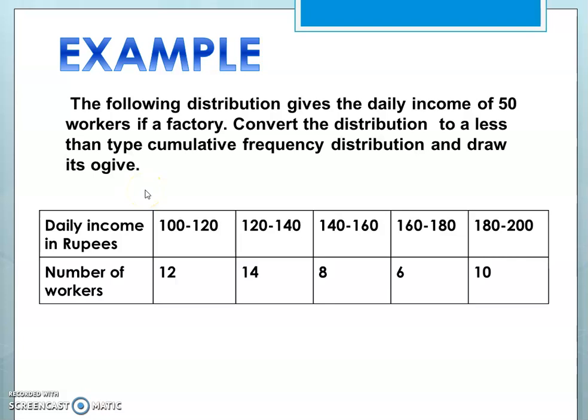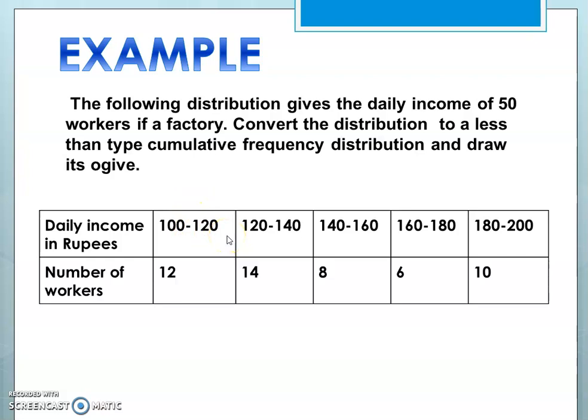Let us now discuss the cumulative frequency curve of less than type with the help of an example. The following distribution gives you the daily income of 50 workers in a factory. You have to convert the distribution into a less than type cumulative frequency distribution and draw its ogive.